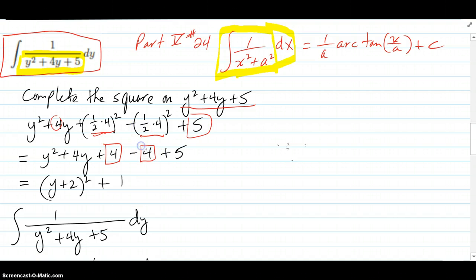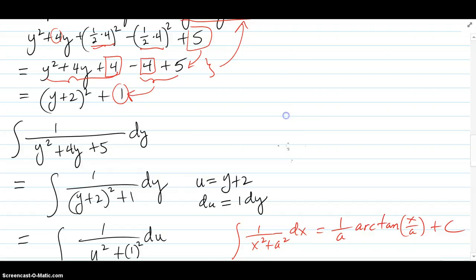Subtract the 4 so we're not changing the value of the polynomial, and we have the 5 added on. So this is the same as the original polynomial. But we now are able to complete the square on this part right here. Y plus 2 quantity squared, and 5 minus 4 is your 1.